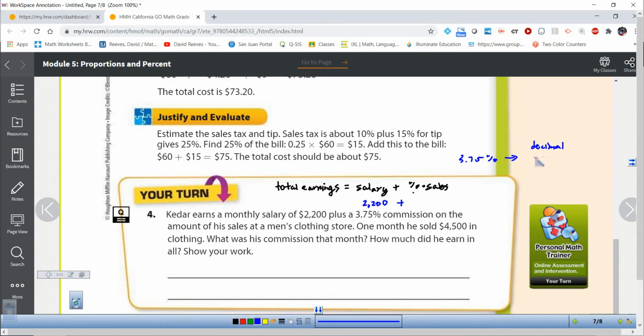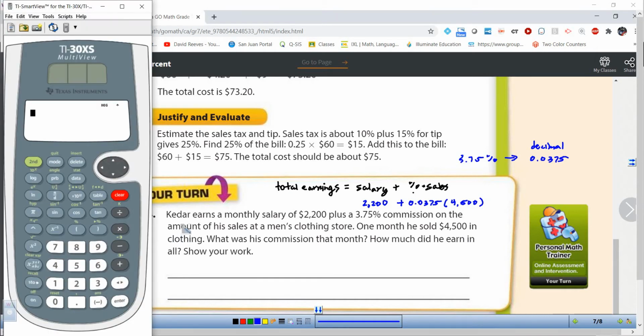So when I do that, I get 0.0375 times the sales. The sales that he had that month was $4,500.